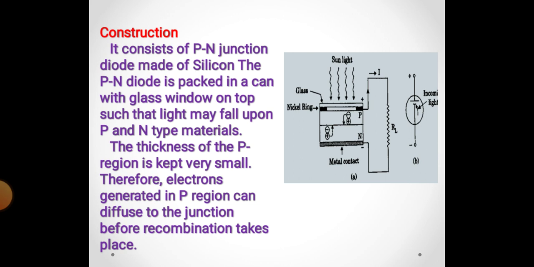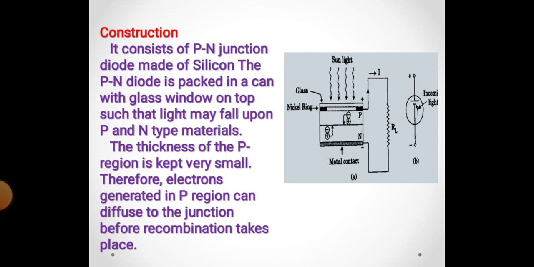Normally the thickness of the P region is kept very small because the electrons are generated in the P region. When light falls on the surface of the solar cell and moves towards the P region, we have electrons and holes.